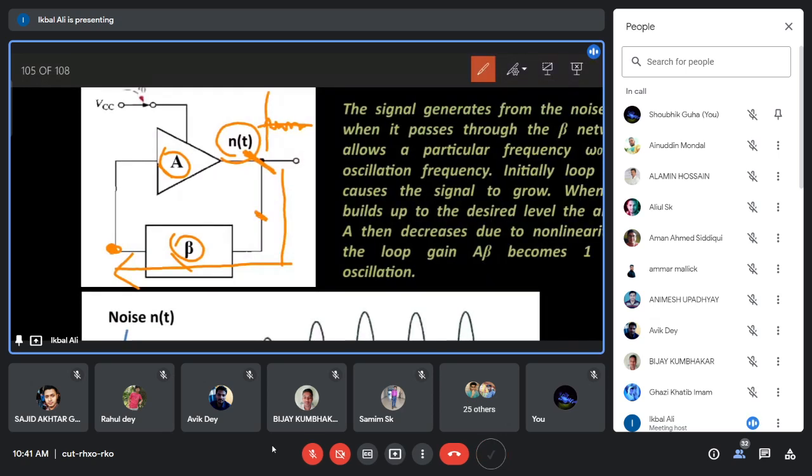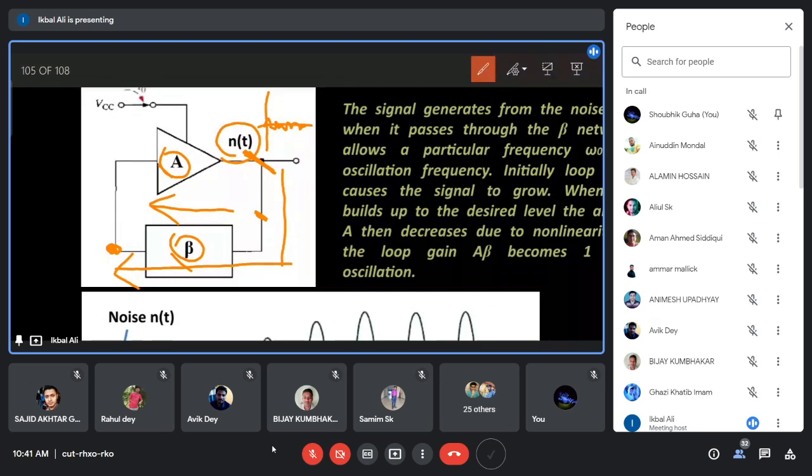So the noise signal at the output of the beta network will definitely have a lower voltage. Also, the beta network eliminates all other frequencies except a particular frequency, which is omega 0.